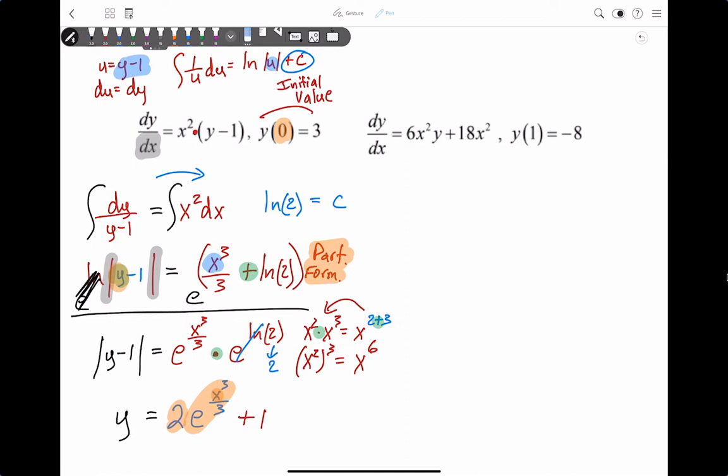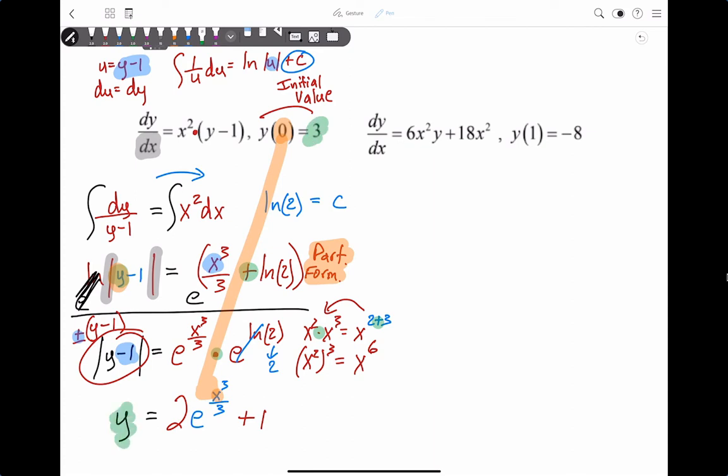And now, because I chose to do the positive version of that absolute value, remember, this could simplify to a positive or a negative form of that y minus 1. I chose correctly with this positive because then it kept this as a negative 1. When it moved over to the right side, it became a positive 1, thus verifying when I plug in my 0 value here for x, I'd get 2 plus 1, which would give me the 3 that it said that I should get.